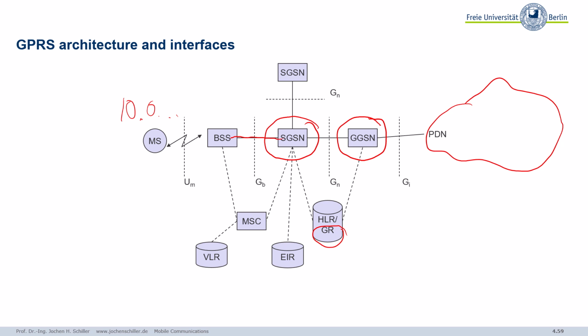And if you use private addresses, then you have to do a network address translation here so that you can use services from the internet. But that's the classical way you also do on any other fixed network. So you see that GPRS introduces new elements in addition to the already existing elements of the GSM network.